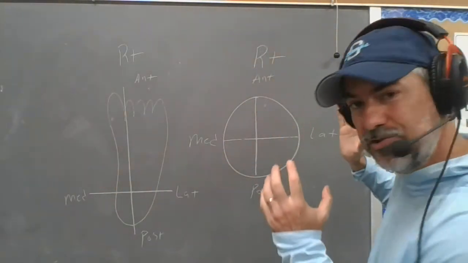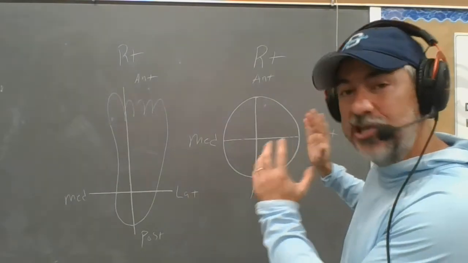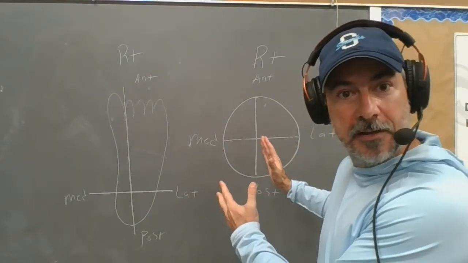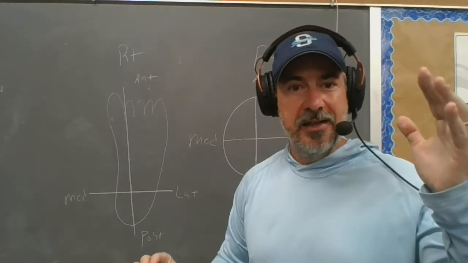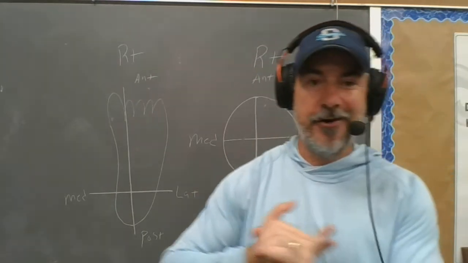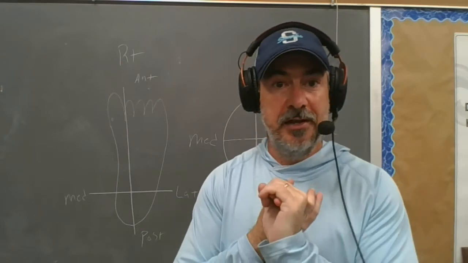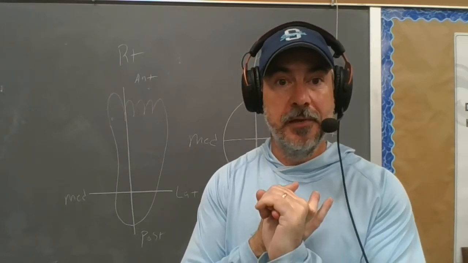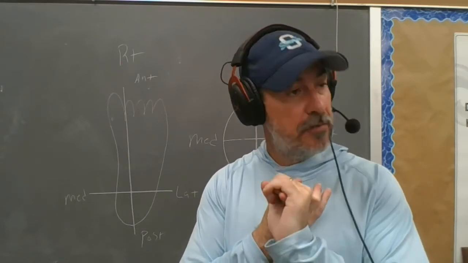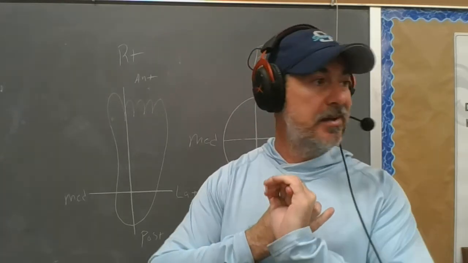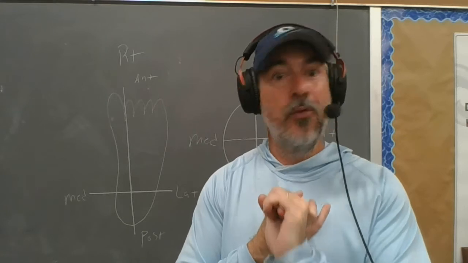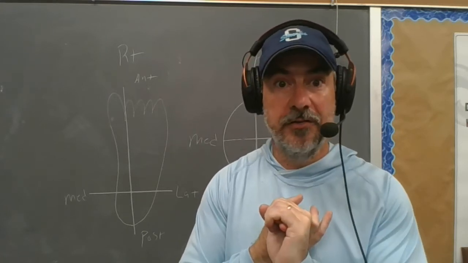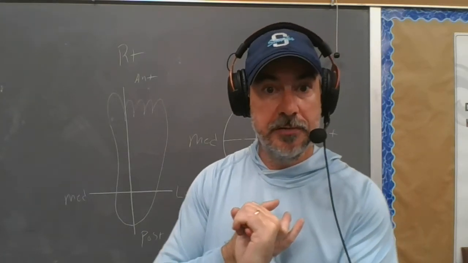Because remember, this is just a cheat sheet for function. You still need to know kind of how those muscles run. And function does not care about origin or insertion. It's how does it cross. Okay, origin and insertion, very important for some majors, but it has nothing to do with function. Function is, does it cross a joint? Where does it cross? How does it cross? That's what determines function, okay?